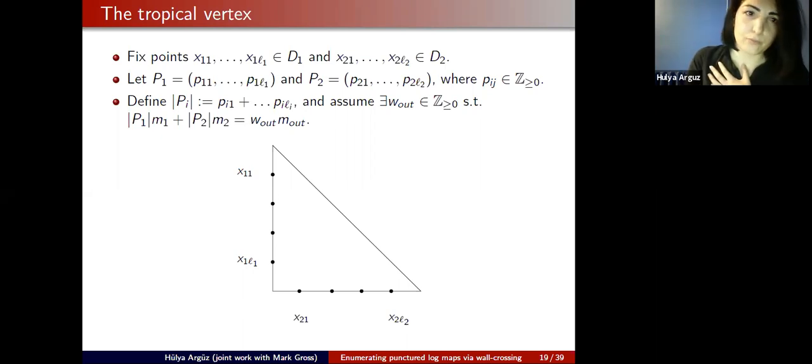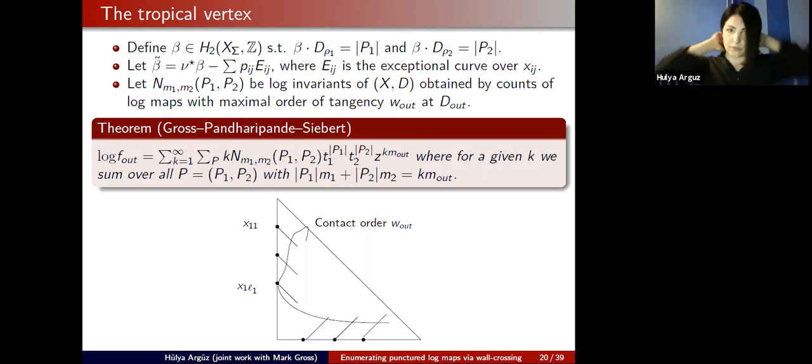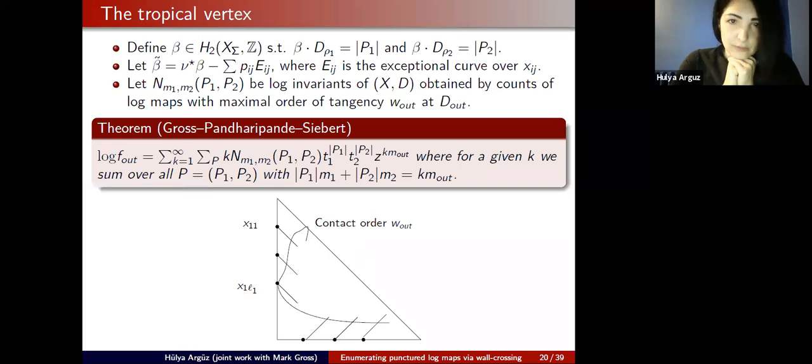And if you fix this data and you define class beta in H2 of your toric variety such that beta times D_ρ1 is P1 and beta times D_ρ2 is P2, the sum of these non-negative integers I fix. And in addition, you consider the class beta tilde, which is now a class in the blow-up, the local Calabi-Yau variety X, which you obtain by blowing up all these points x11, ..., x1L1 to x21, ..., x2L2.